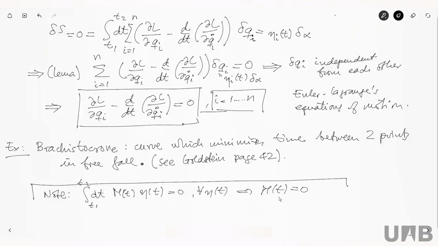What's the difference between saying this or saying m of t, eta of t equals 0 for all eta of t? It's exactly the same. Yeah, okay, sorry. Right? It's exactly the same.